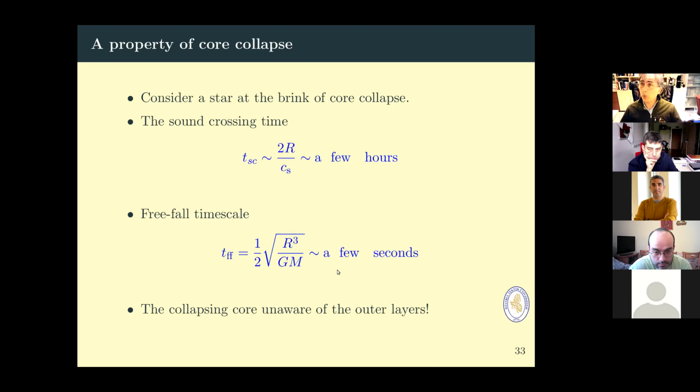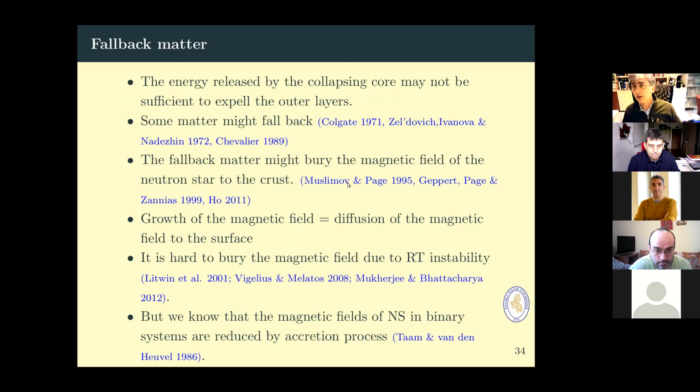So there is no way the collapsing component will be able to sample how much mass is overlying it, so that it should release a certain amount of energy to expel it all to infinity. And in all supernova models, we have some fallback material accreting back onto the neutron star.